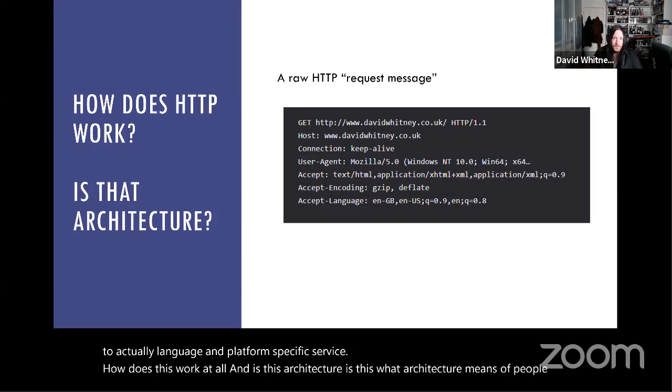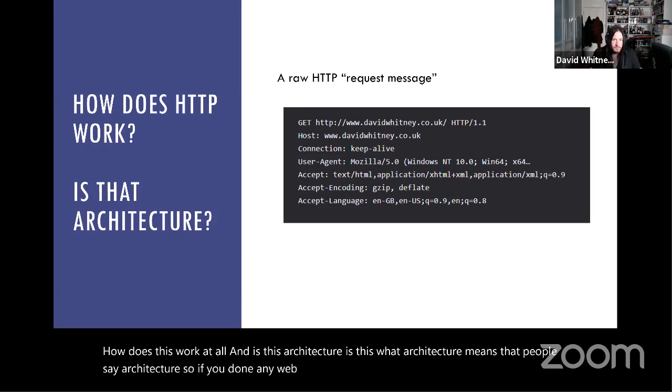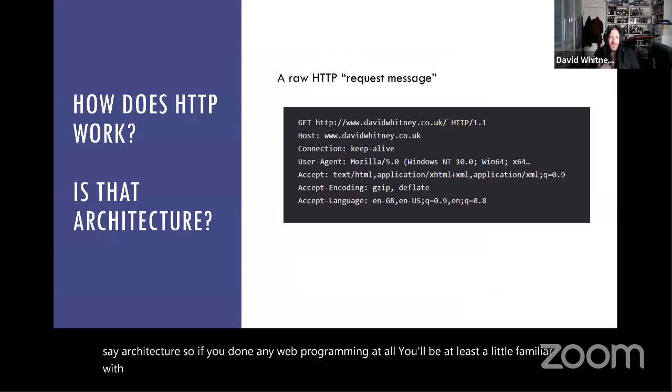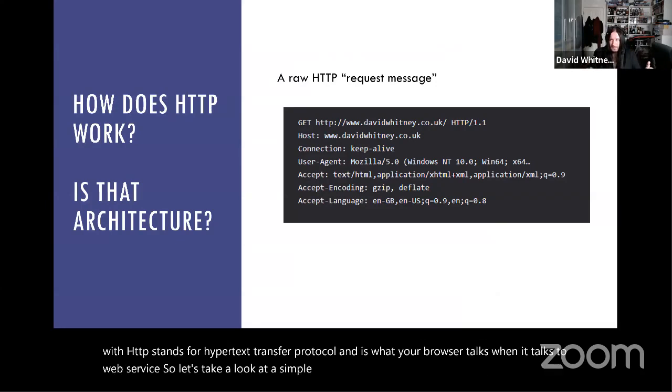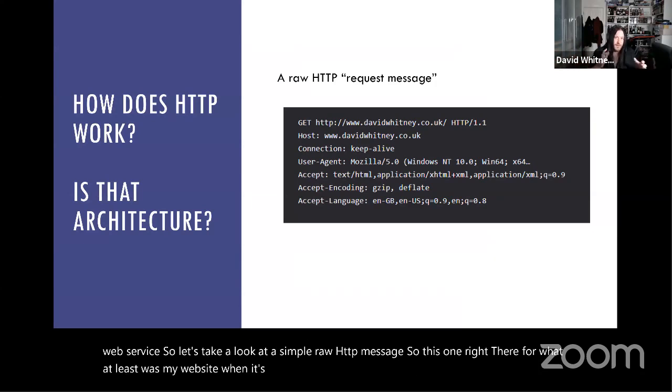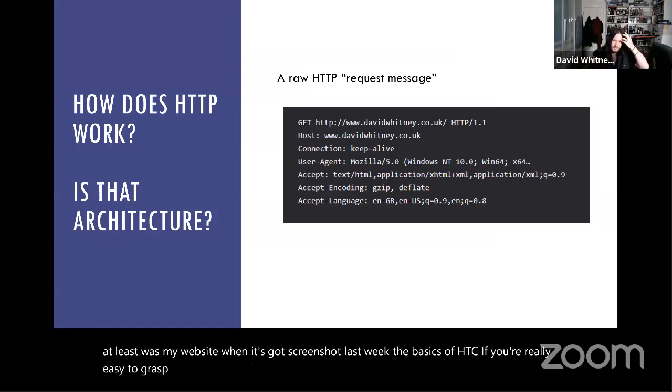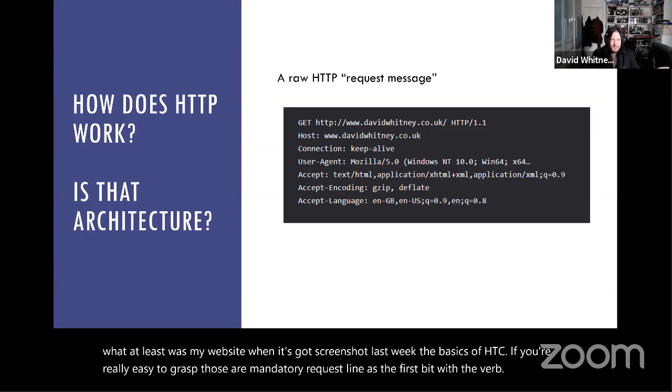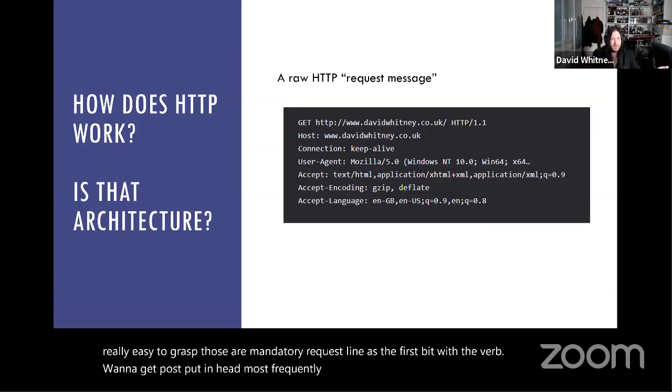If you've done any web programming at all, you'll be at least a little familiar with HTTP. It stands for the Hypertext Transfer Protocol, and it's what your browser talks when it talks to web servers. Let's take a look at a simple raw HTTP message. There's one right there for what at least was my website when I took that screenshot last week. The basics of HTTP are really easy to grasp. There's a mandatory request line. That's the first bit with the verb, most frequently one of GET, POST, PUT, and HEAD. There are other verbs, but again, nobody cares.